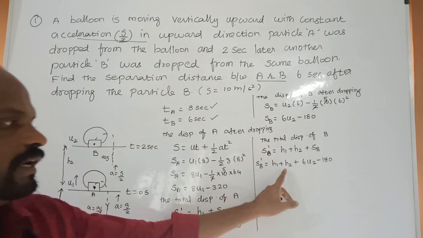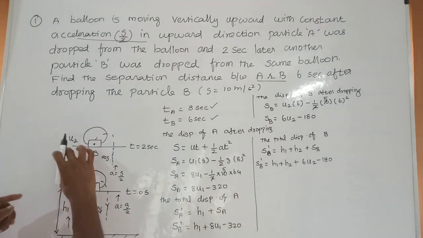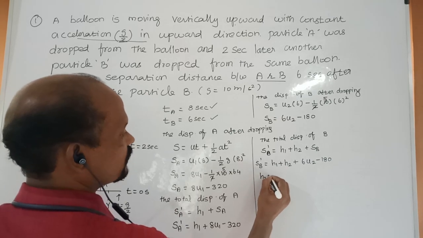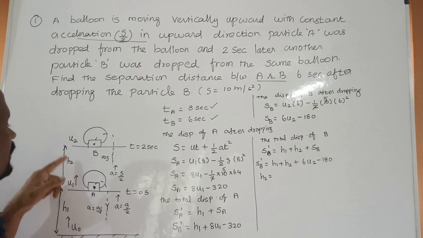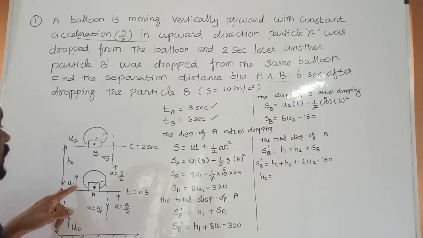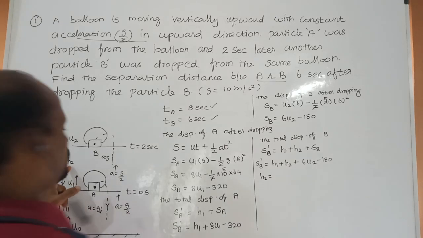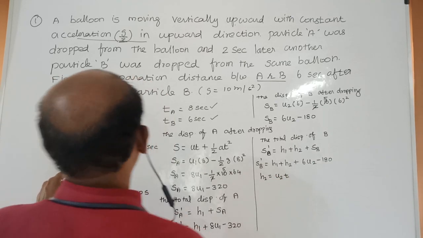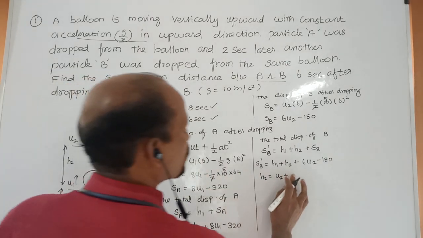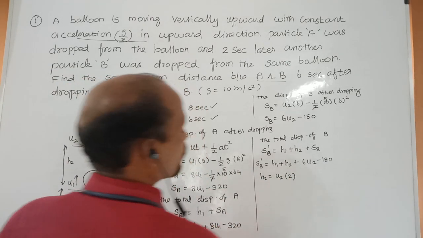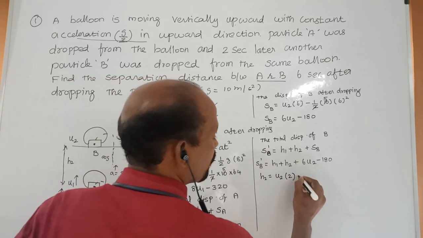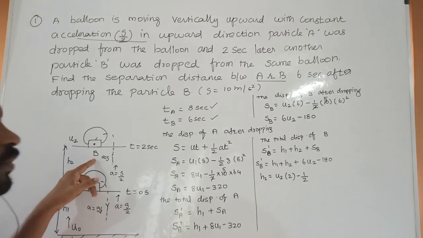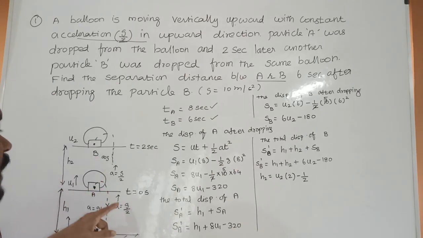Here we have to find out H2, that means the displacement, that is height H2. For H2, the initial velocity is u2 and the time T equals 2. Then minus 1 by 2, where the acceleration of the balloon A equals g by 2.